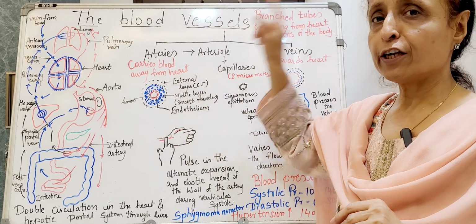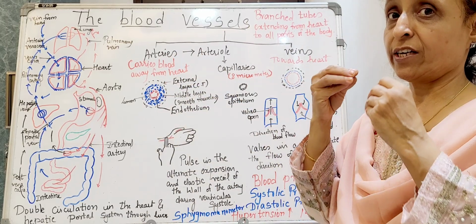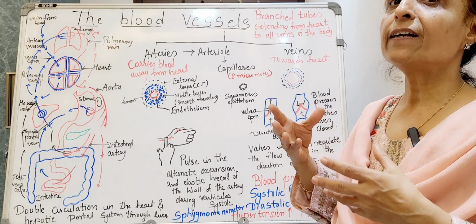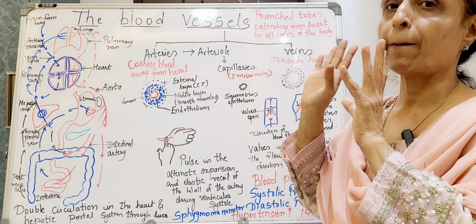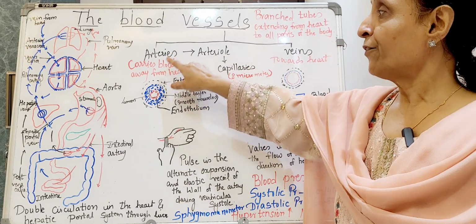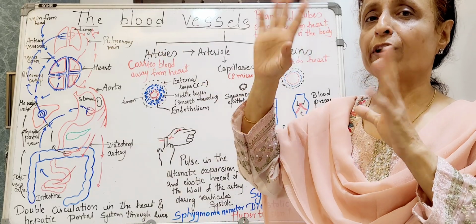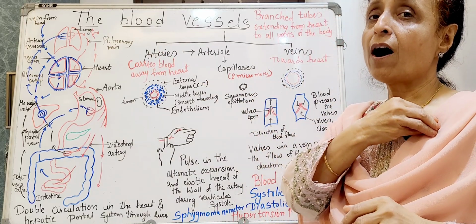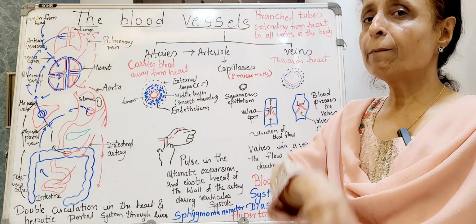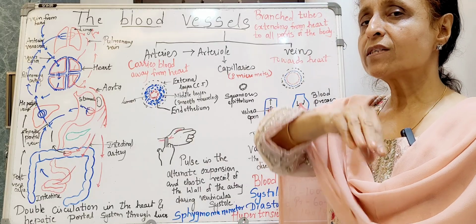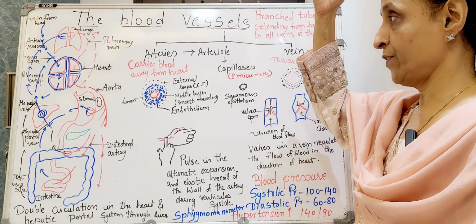Arteries break into arterioles which can expand to a great length, which break into capillaries. So arteries carry blood away from the heart. From the heart it goes to different parts of the body, lower side as well as upper side.